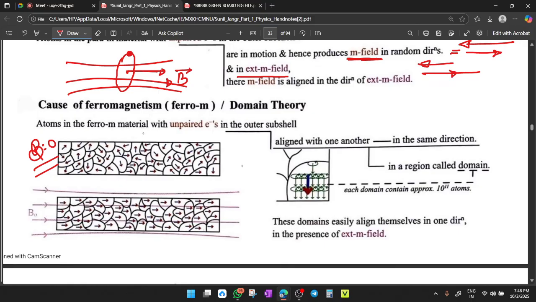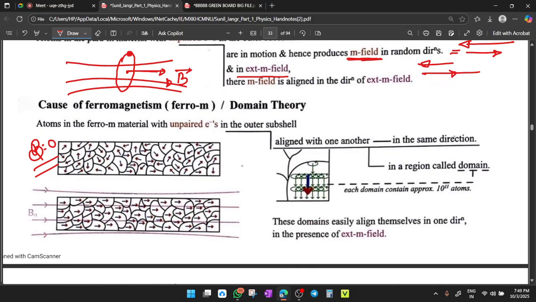Atoms in a ferromagnetic material with unpaired electrons in the outer subshell are distributed like this. But when you apply a magnetic field, they get aligned in the same direction and generate a higher magnetic dipole moment.